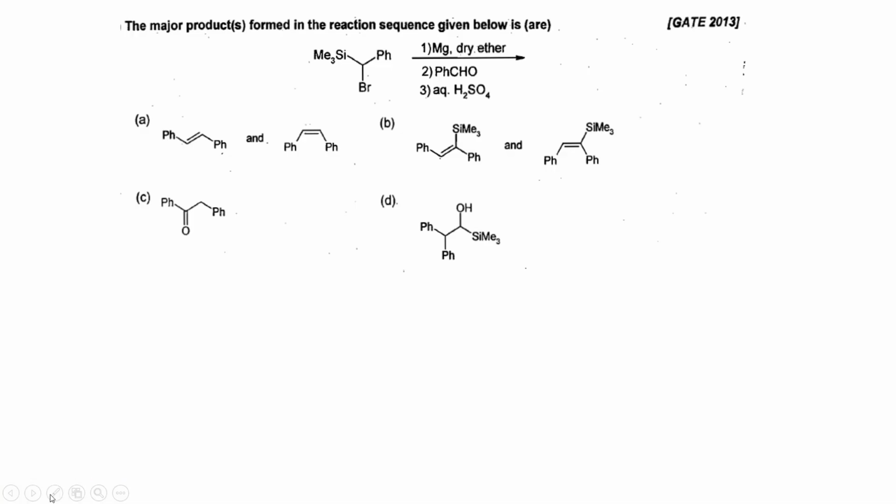So what will be the correct option for this? Magnesium and diethyl ether, so it will generate a Grignard, that is clear. It will generate a Grignard here, and that will attack this aldehyde.